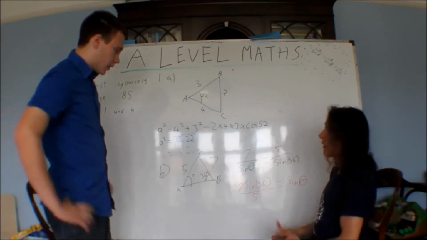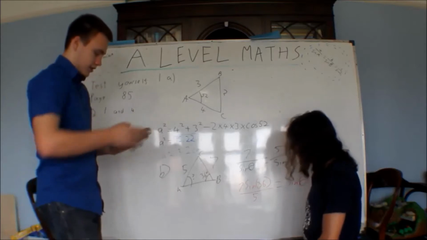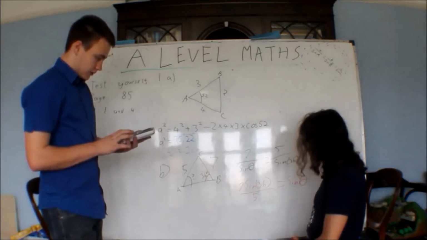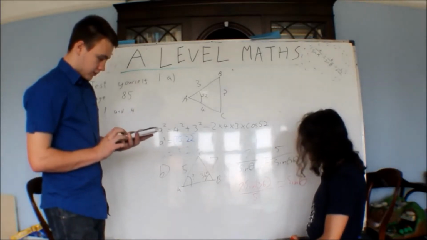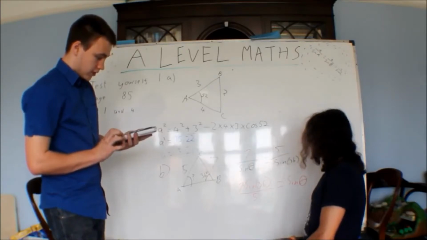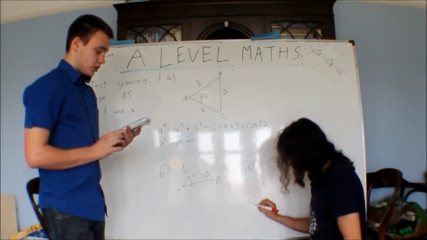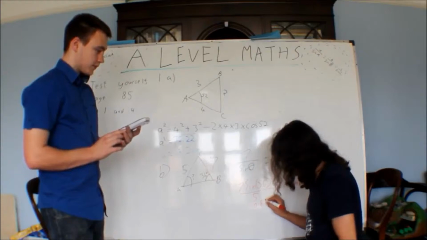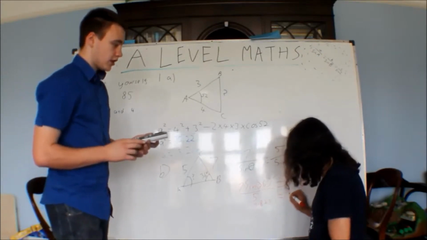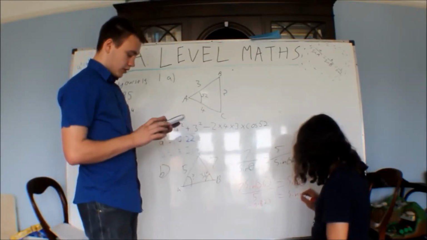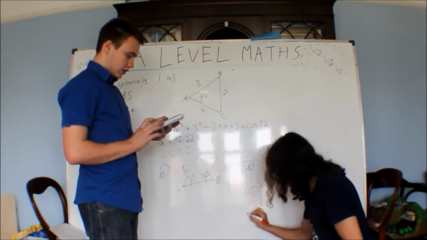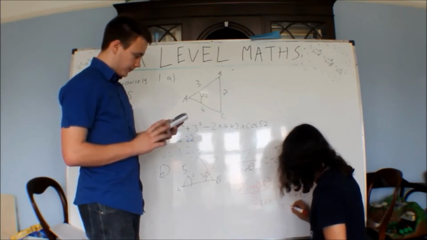Do that stage in the calculator: 7 times sine 36 divided by 5 is 0.823. That equals sine theta. To get theta, we need to do sine to the minus 1 of that number. Sine to the minus 1 of the answer is 55.4.